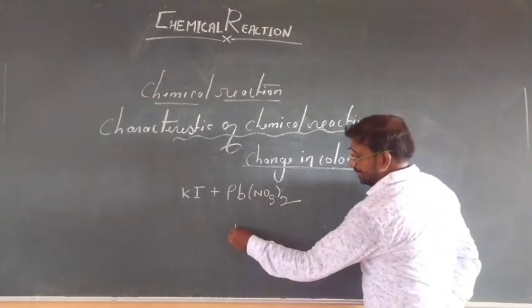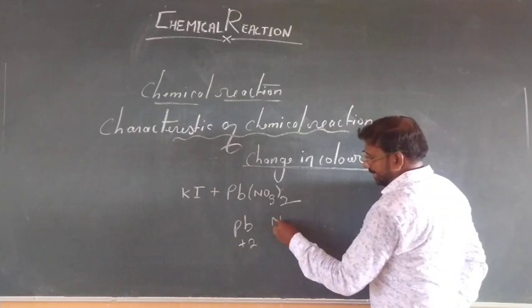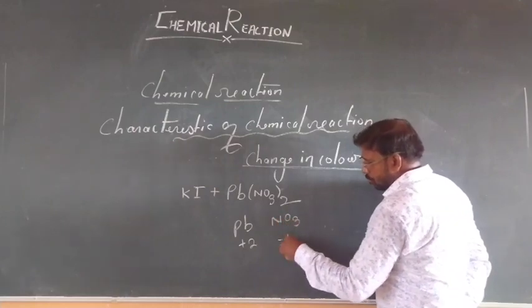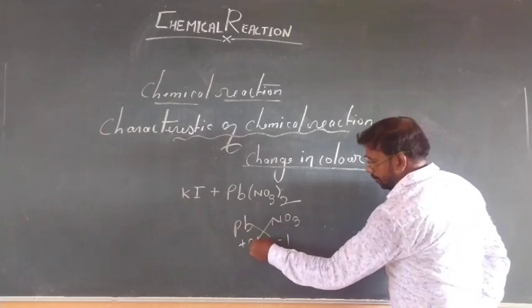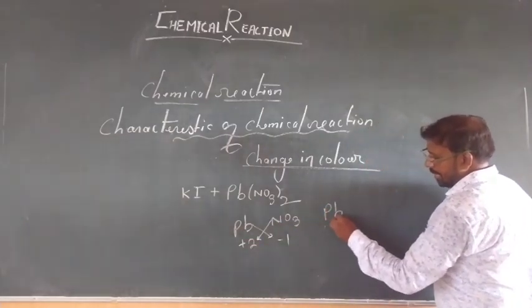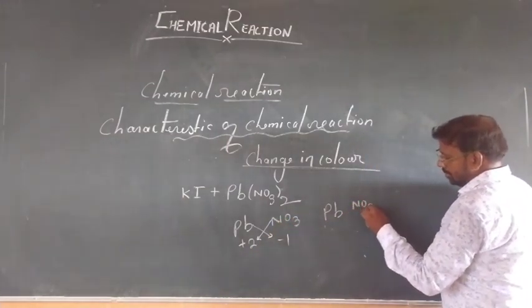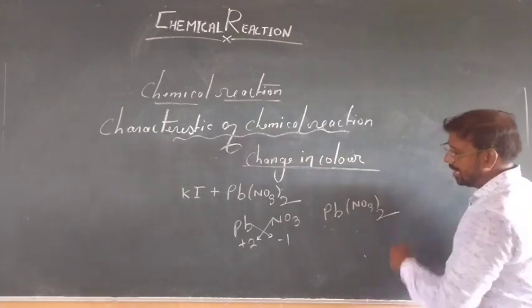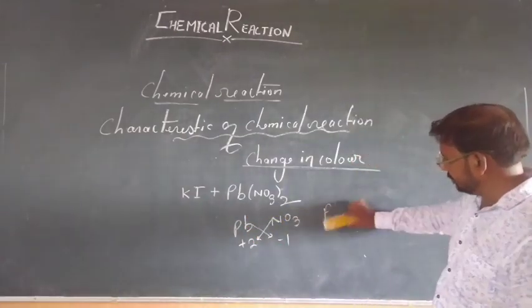Because we know the valency of lead is +2 and nitrate is 1. Simply cross multiplying, you will get Pb1 and NO3 2, Pb(NO3)2. That's why I have written the formula of lead nitrate.